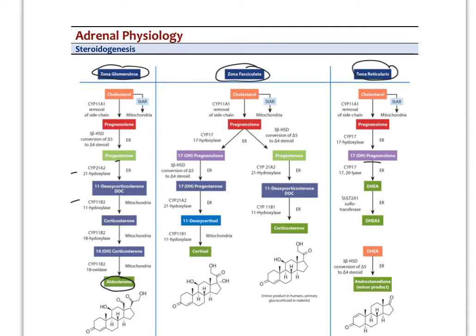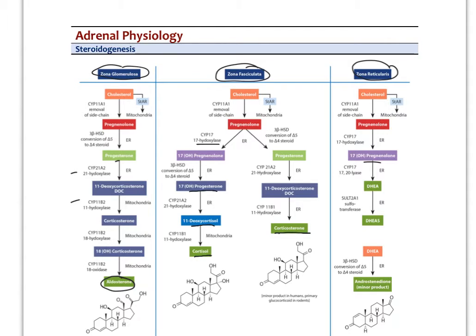In the zona fasciculata, pregnenolone can be interconverted into 17-hydroxypregnenolone via 17-hydroxylase, and then it can be converted into 17-hydroxyprogesterone, and then via 21-hydroxylase into 11-deoxycortisol, and then finally into cortisol. And there's a similar pathway to make the other primary glucocorticoid, which is corticosterone.